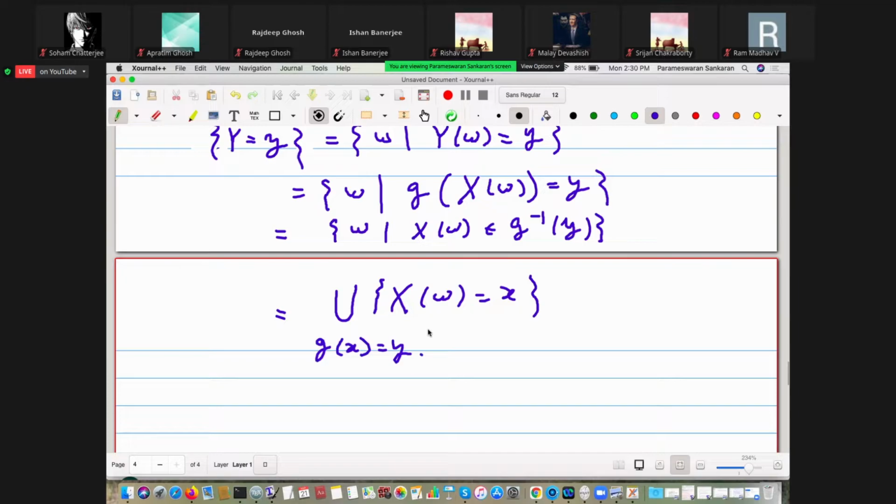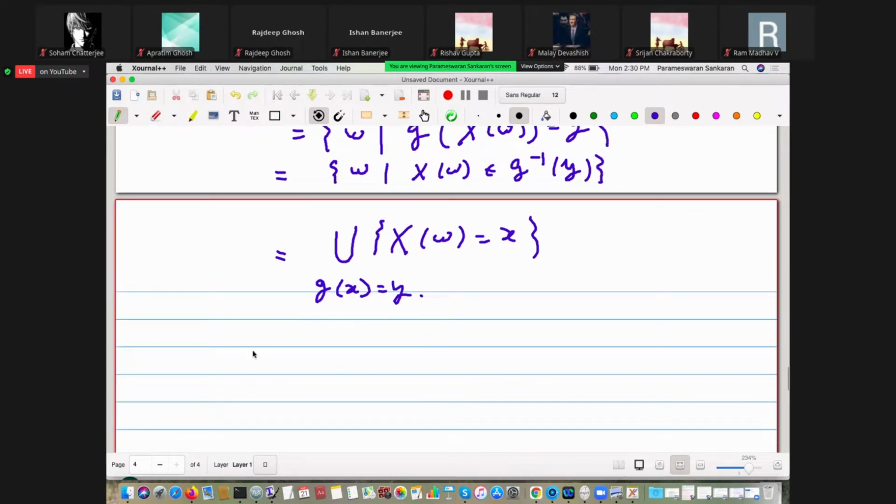And you see, this is a disjoint union as you vary x. Therefore, the probability that Y equals y is equal to the summation of the probability that X is equal to x, over x with g of x equals y.